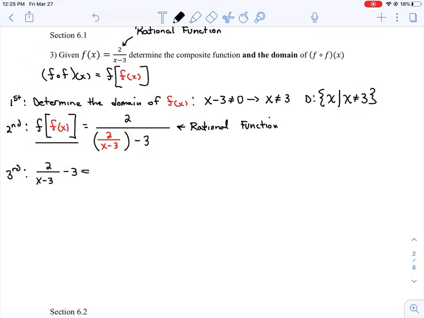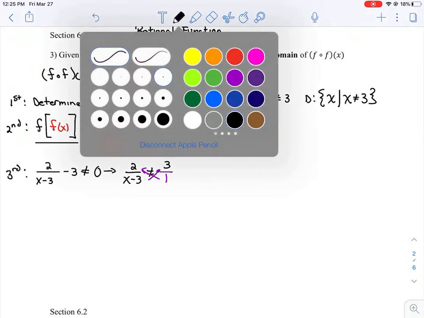So this third step, the denominator cannot equal 0. This implies that 2 divided by x minus 3 cannot equal 3. And to cross multiply, I'm going to put a 1 in the denominator, and we're going to cross multiply.